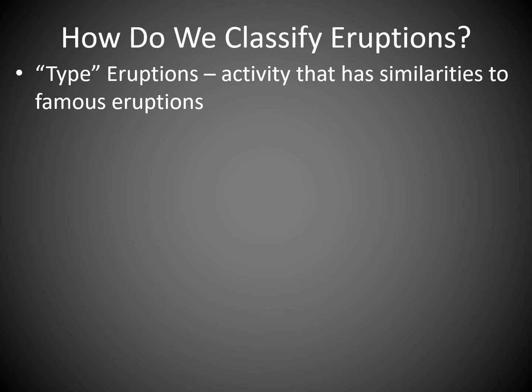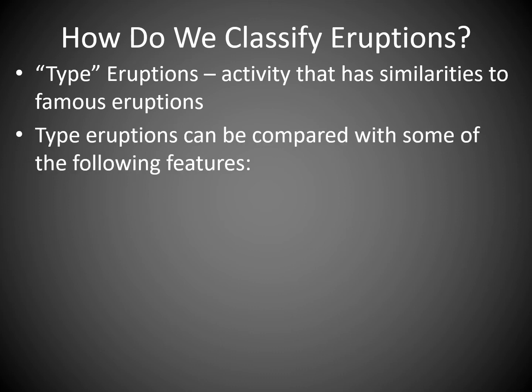Now, depending on which volcanologist you talk to, there might be 6 or 8 different type locations. We're going to get into some of those today. And then what you'll see is that as a new or different volcano pops up, it might exhibit Hawaiian type eruption characteristics or Vulcanian type eruption characteristics or Plinian eruption characteristics.